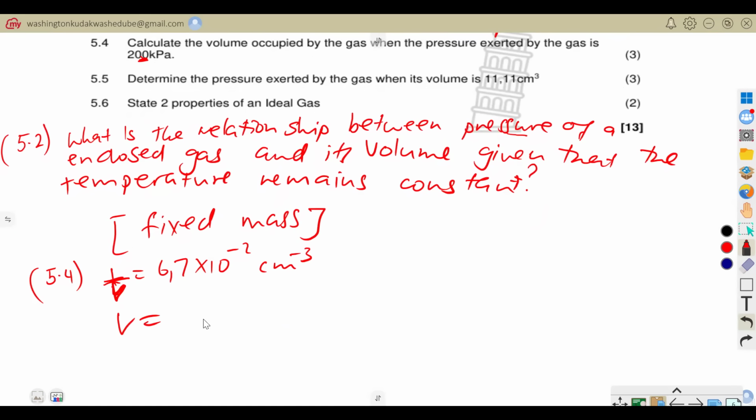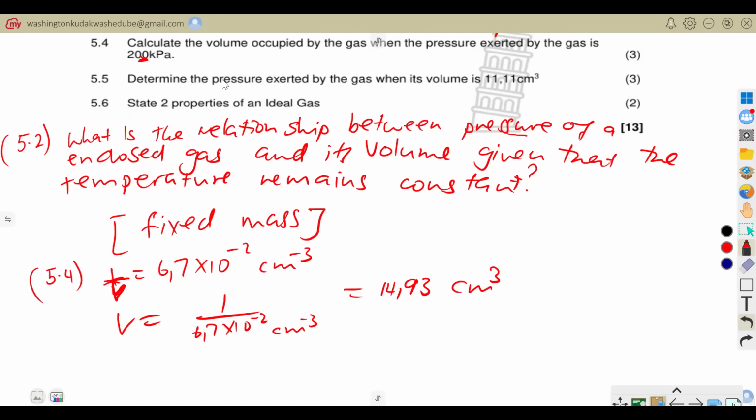My volume would be equal to 1 over 6.7 times 10 to the power minus 2 per cubic centimeter, so that my volume would be in cubic centimeters. My volume here was just going to be equal to 14.93 cubic centimeters. That was my volume.